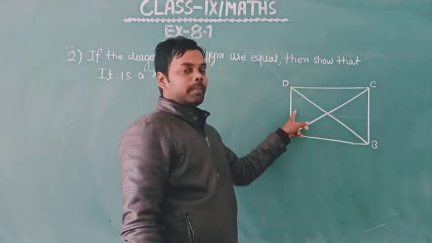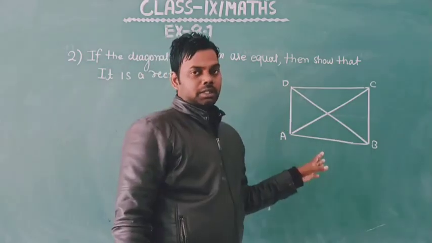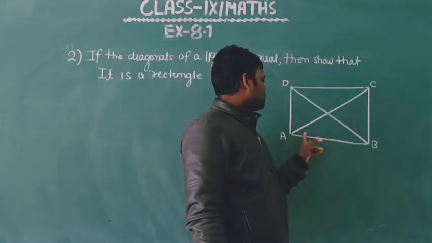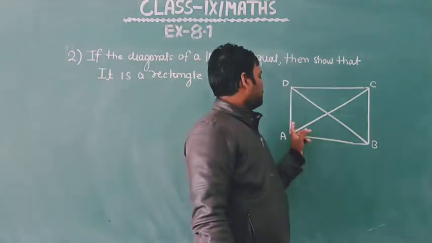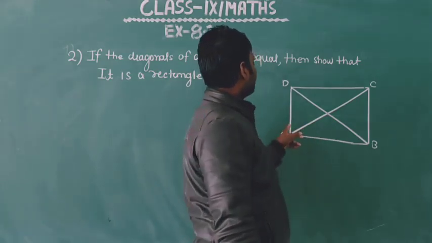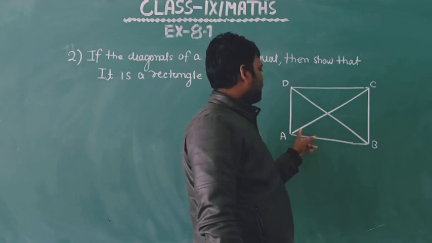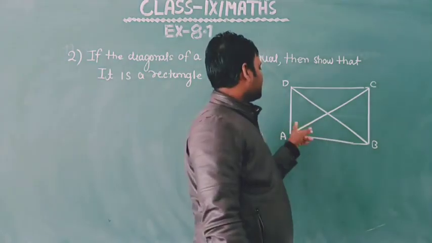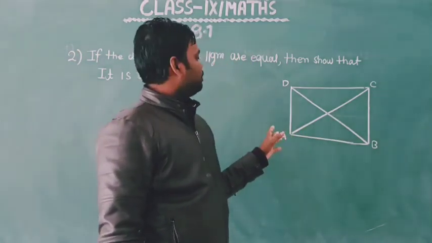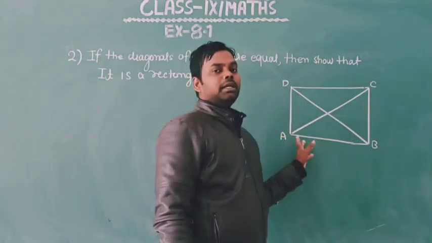To show a parallelogram is a rectangle when the diagonals are equal, we have to show each angle of the parallelogram is 90 degrees.